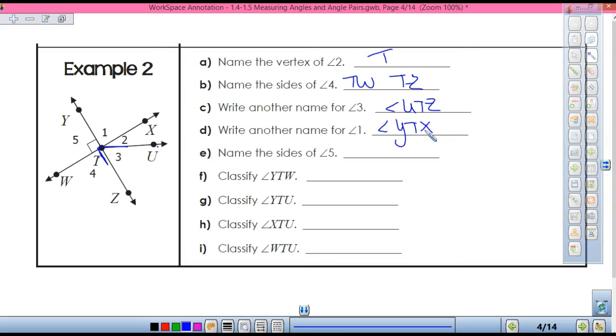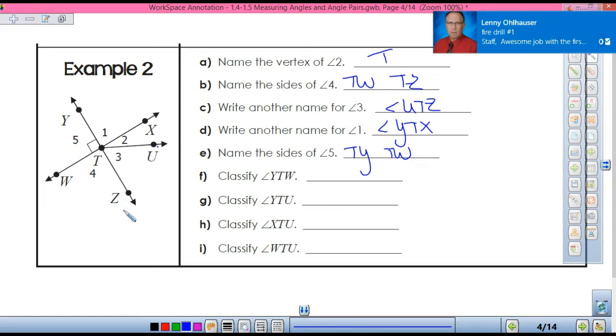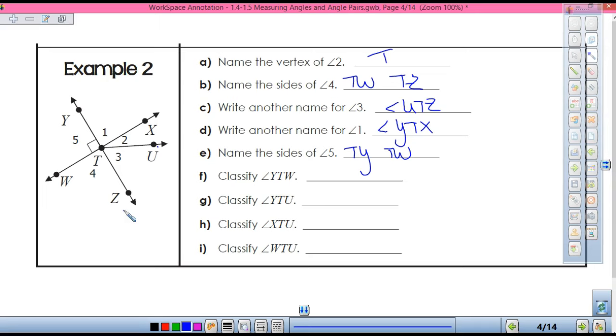How about the sides of angle 5? TQ, TW. Stop me if we're going too fast. Tell me to slow down. So YTW.